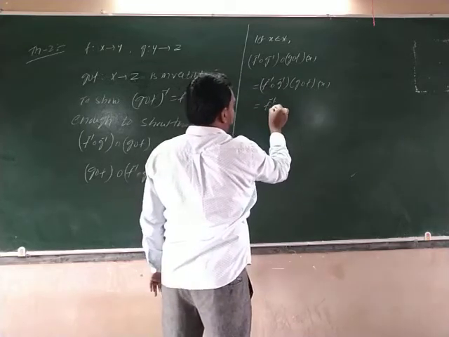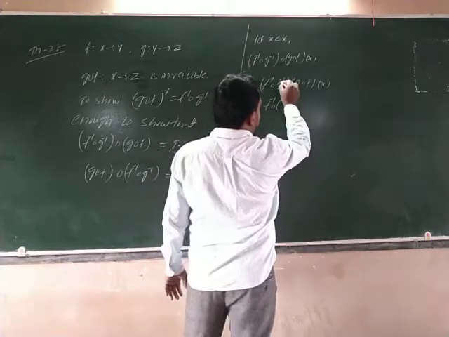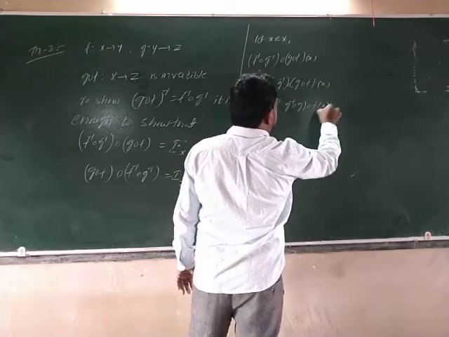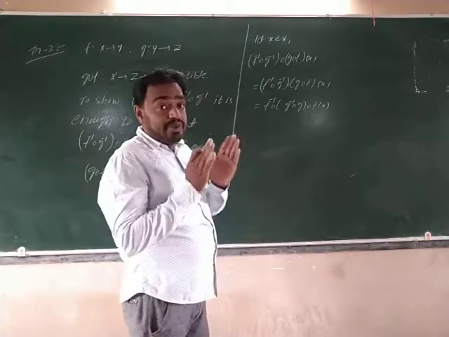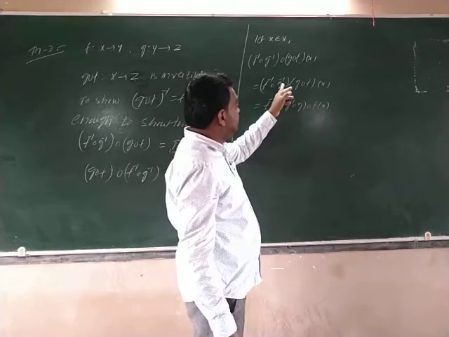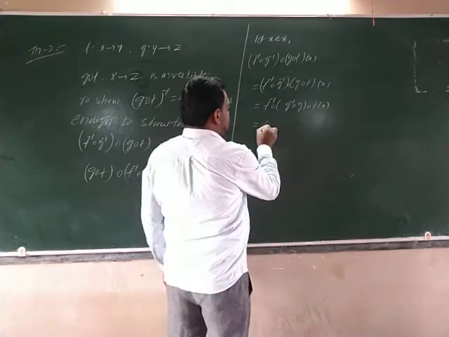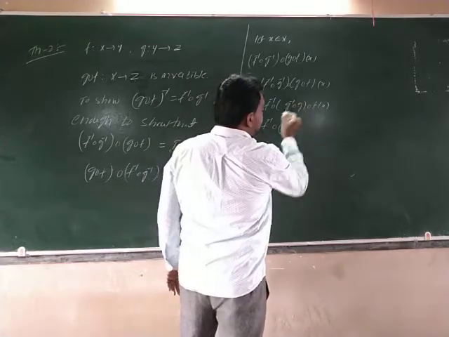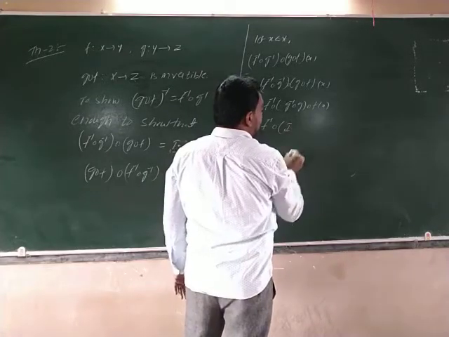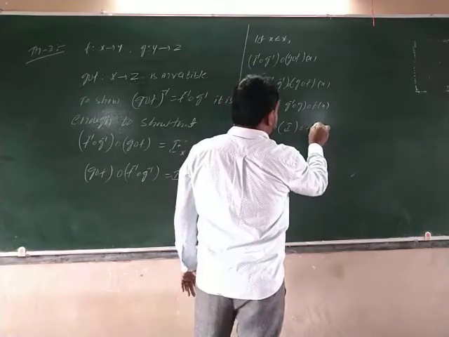I just change the brackets or the position. F inverse circle, as it is. This one I apply G inverse circle G, next to circle F of x as it is. This is equal to F inverse circle, and G inverse circle G is equal to the identity function, that is I only, I of circle F of x.